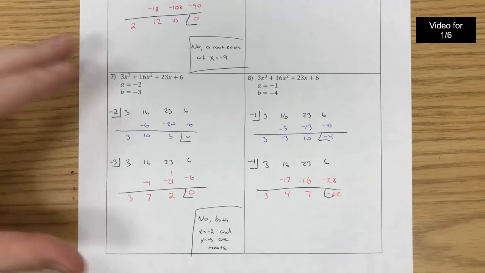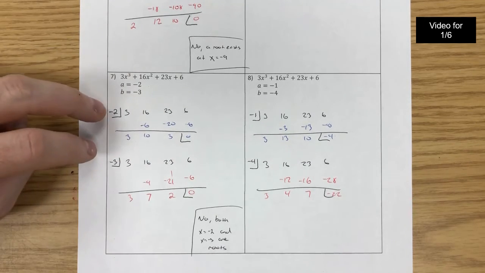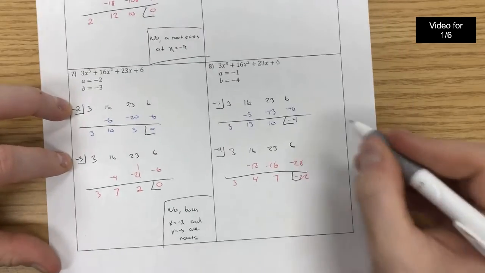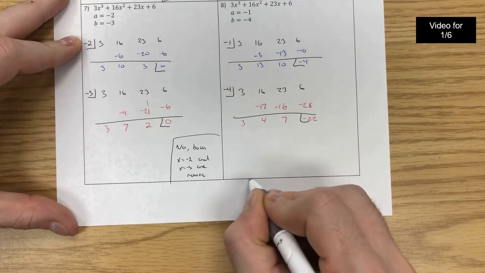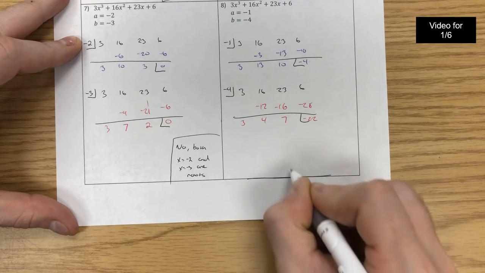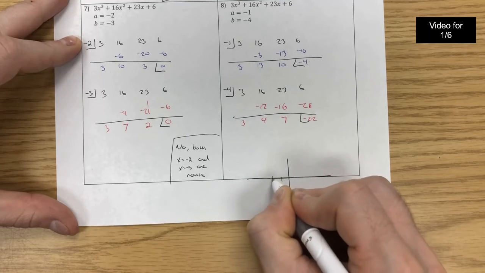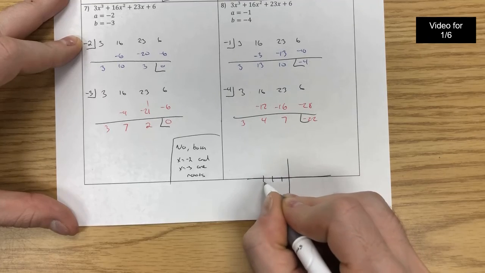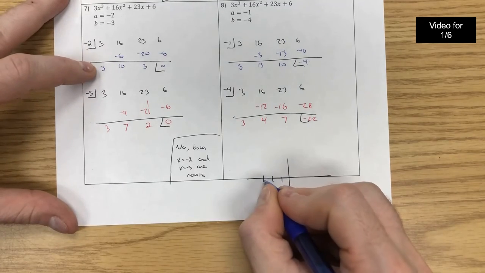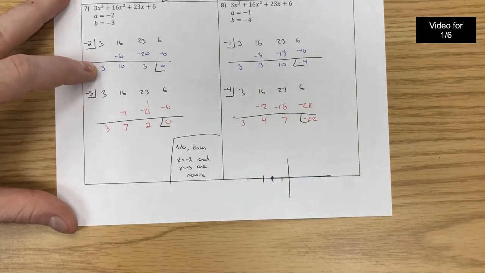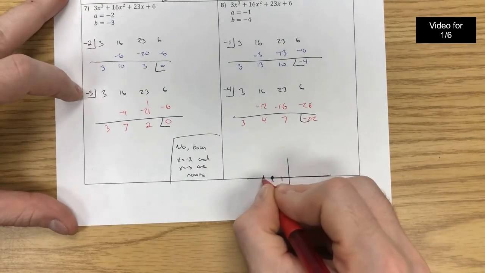Well, let's take a look at what the graph is doing. So from -2 to -3, we have a graph. Let's give ourselves some space right here. Let's actually use the bottom of this. So between -2 and -3, we know we have a root right here at -2, and we know we have a root right here at -3.